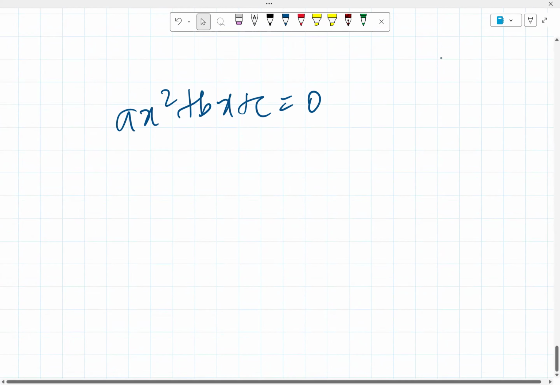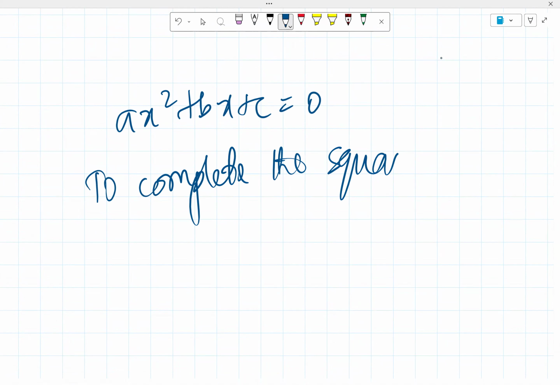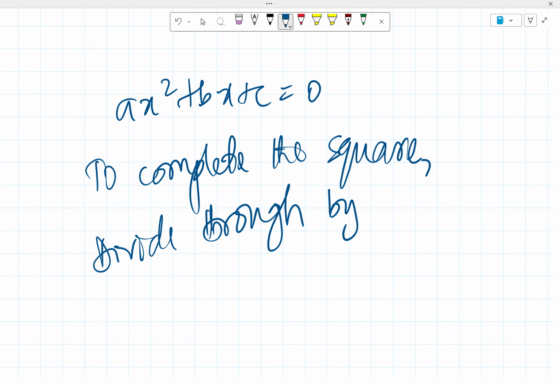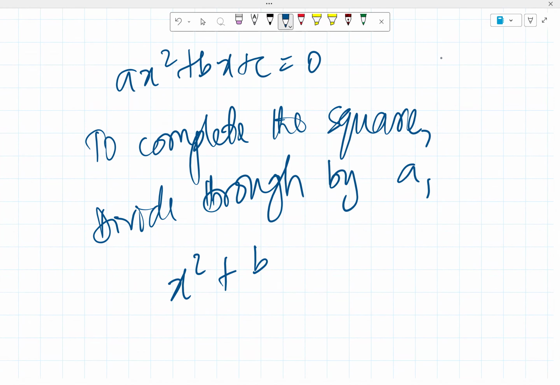To complete the square, the first thing we do is divide through by the coefficient of x squared, which is a. So we have x squared plus b over a x plus c over a equals 0 over a, which is 0.